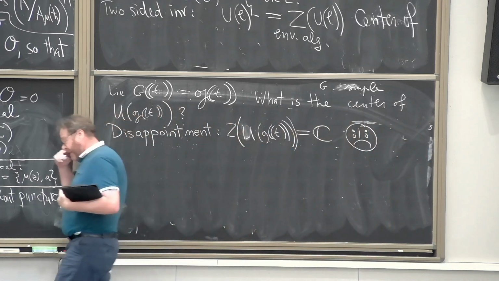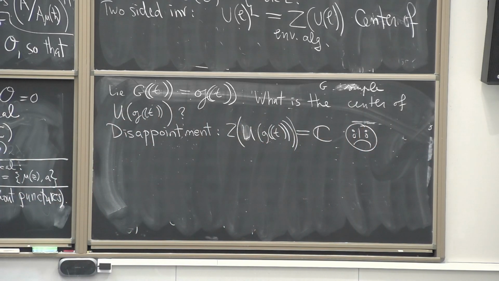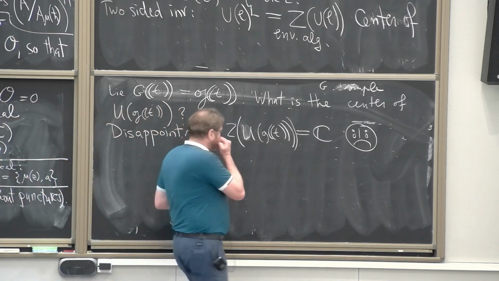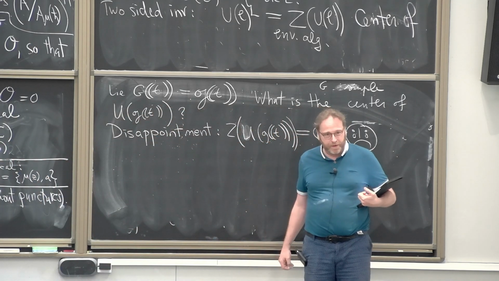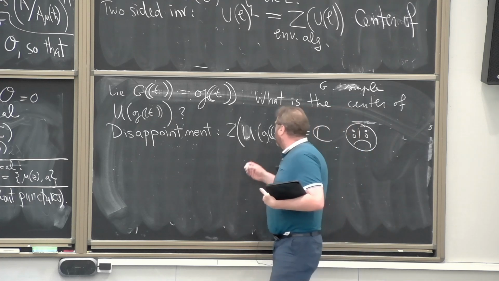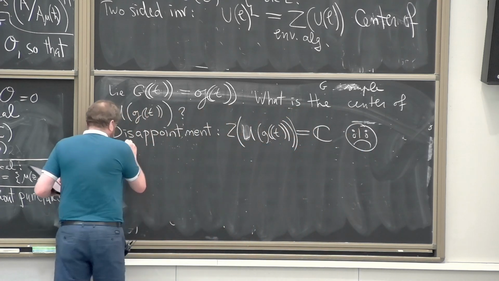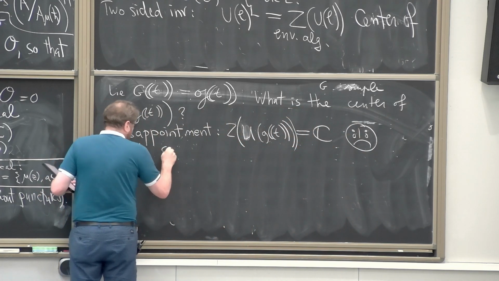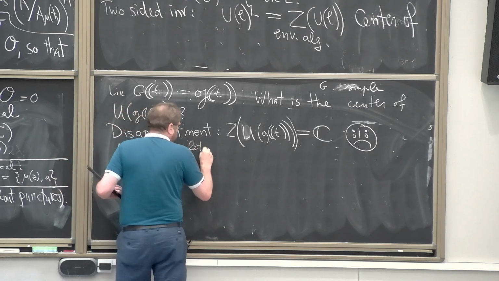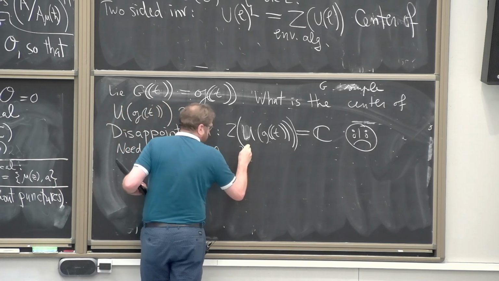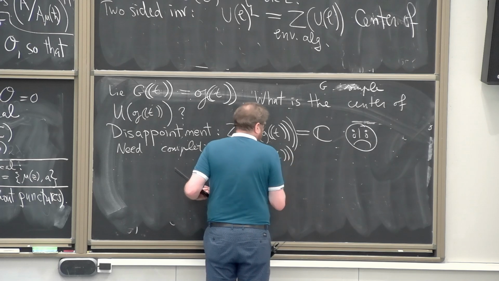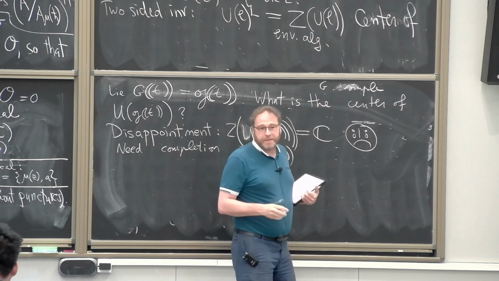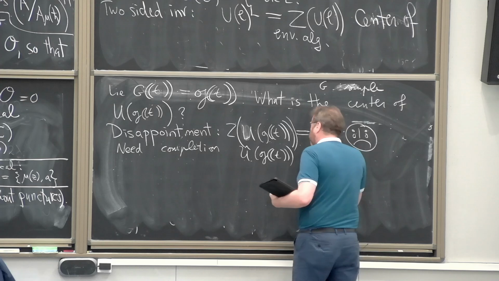Well, this Lie algebra is infinite dimensional, so you should really be talking about certain completions of the enveloping algebra, which I will maybe say a few words about later. But the bad news is, this is not going to help us. The center is still trivial.